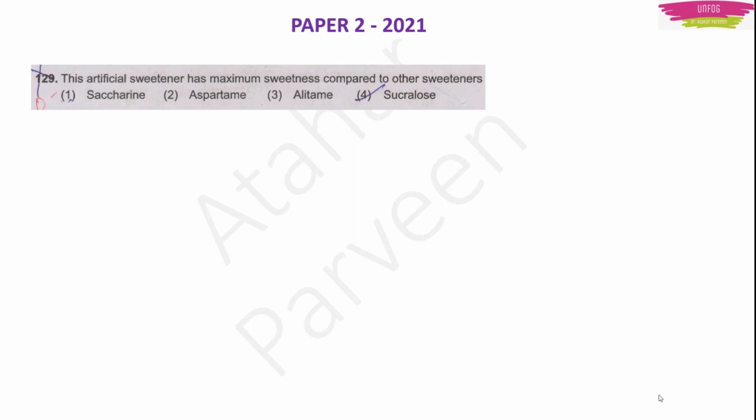See, I kept those questions here also to make you all understand. These questions are from the Karnataka TET 2021 paper 2. So the question is, which artificial sweetener has maximum sweetness compared to other sweeteners? Of course, this question is from chemistry in everyday life, or chemistry in our daily life. And the answer to this question is alitame.